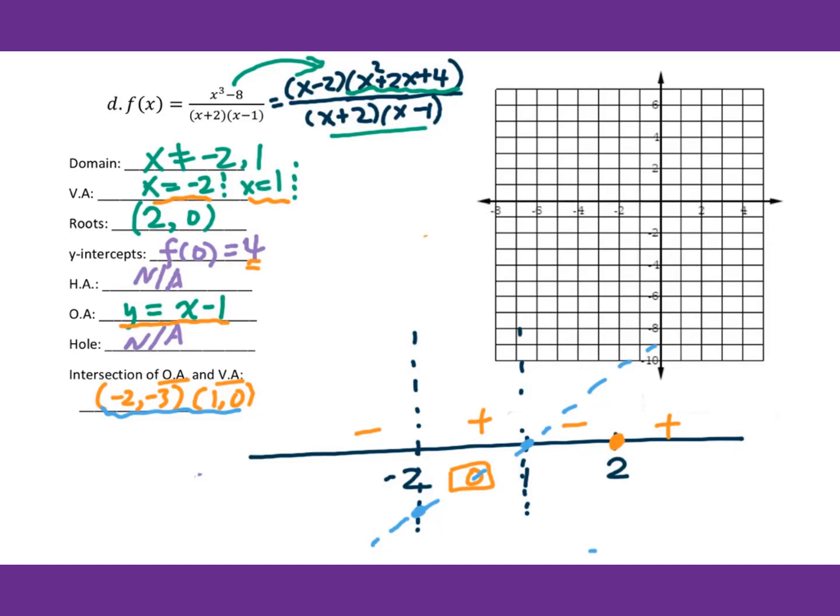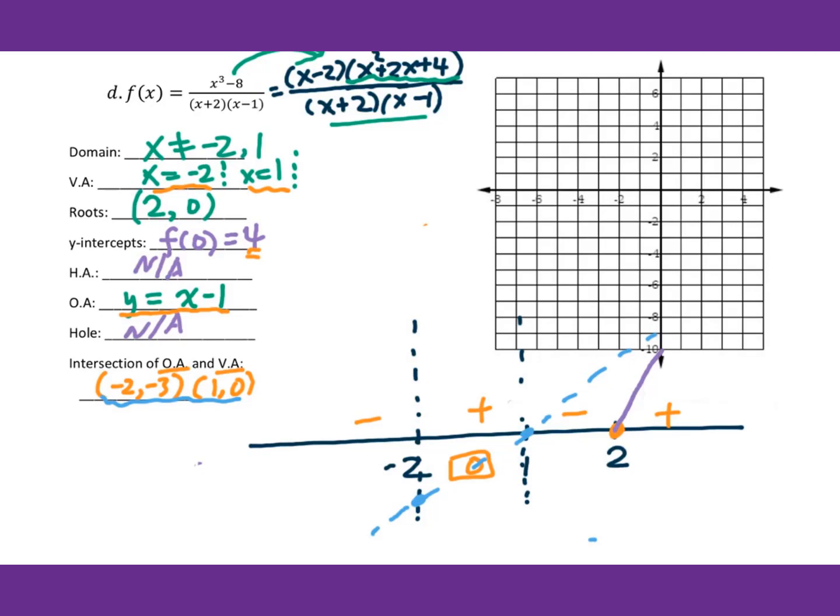On the right side of 2, that's positive, so we go up like this. But we don't know whether there is an intersection between the oblique asymptote line and the graph. You need to check. I will set up the original function, x to the third power minus 8 over x plus 2 times x minus 1, equal to the oblique asymptote line, that's x minus 1.